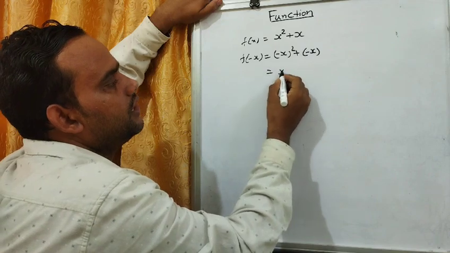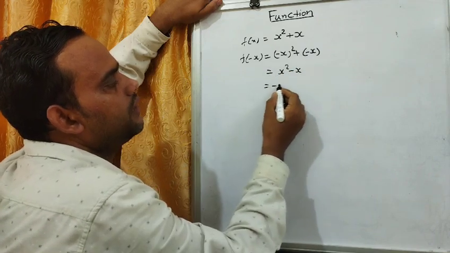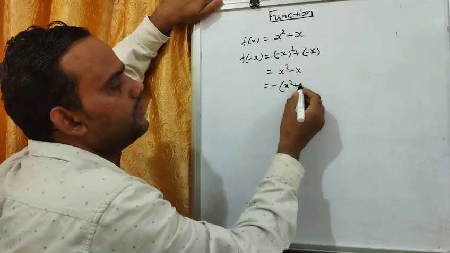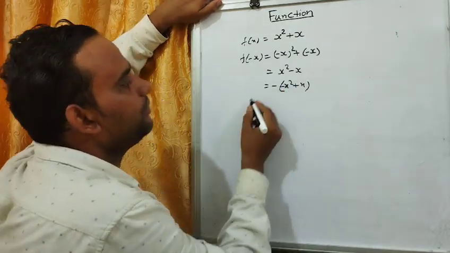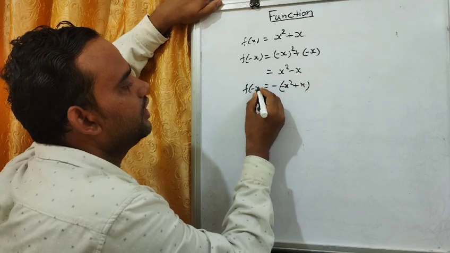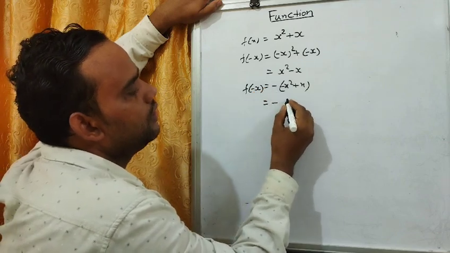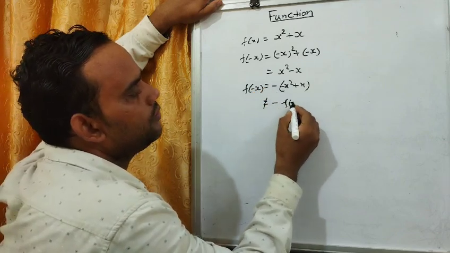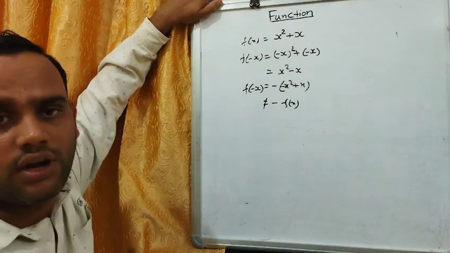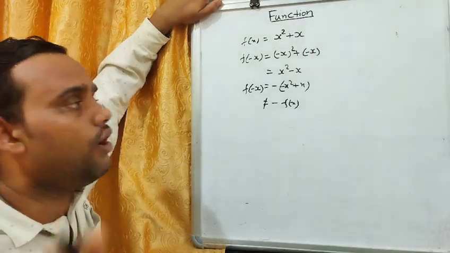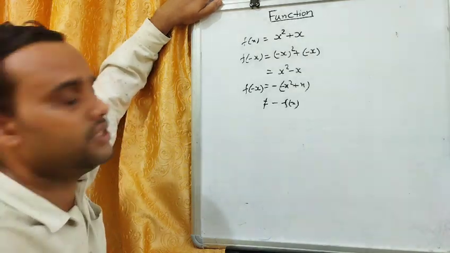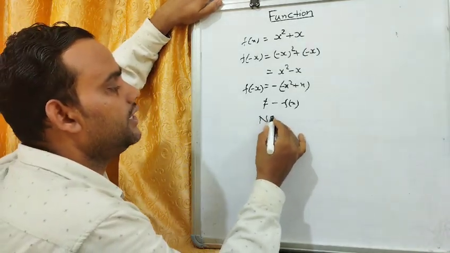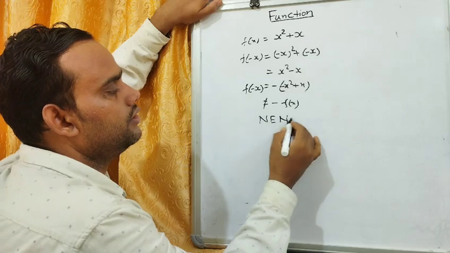So the answer is x square minus x. If I take minus common, sorry, minus of x square plus x. This is f of minus x, but this is not equal to f of x. So it is not an even function and not an odd function. It is called a nano function, neither even nor odd.